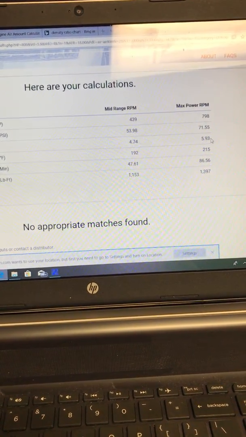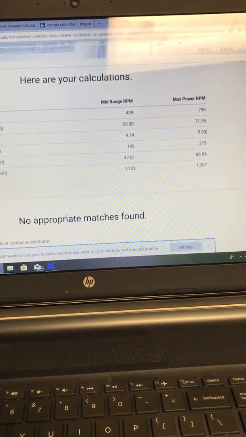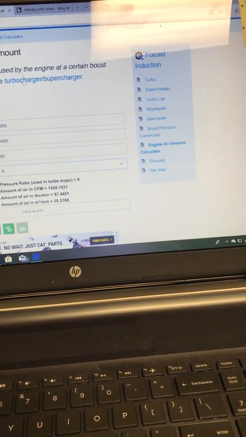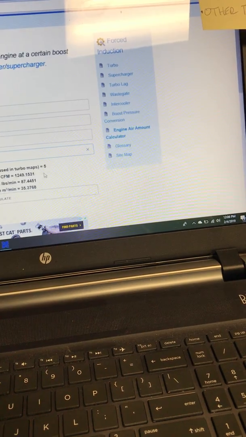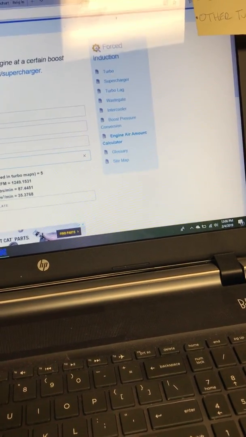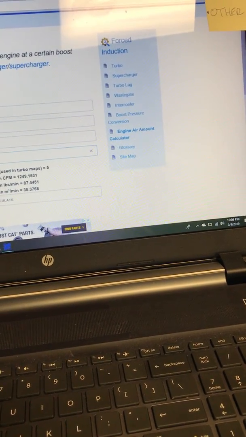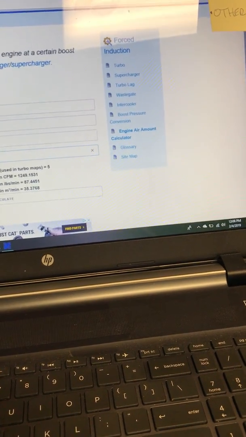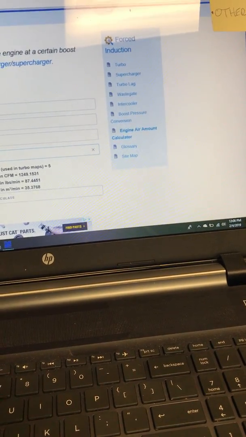Okay, here we go. It says you need a 5.93 pressure ratio, and this one says you only need 5.